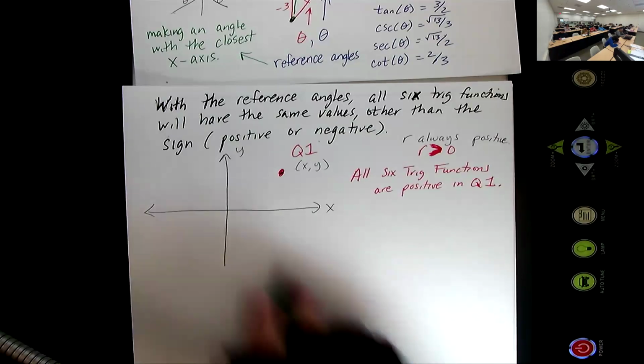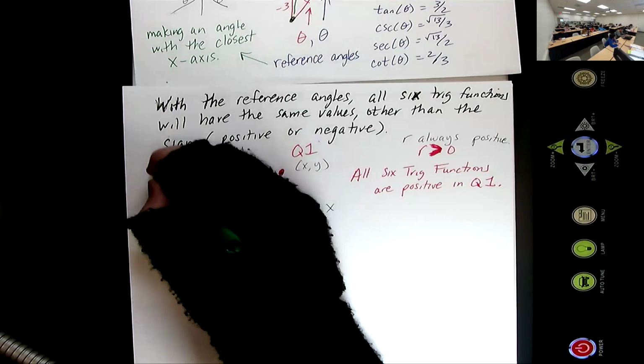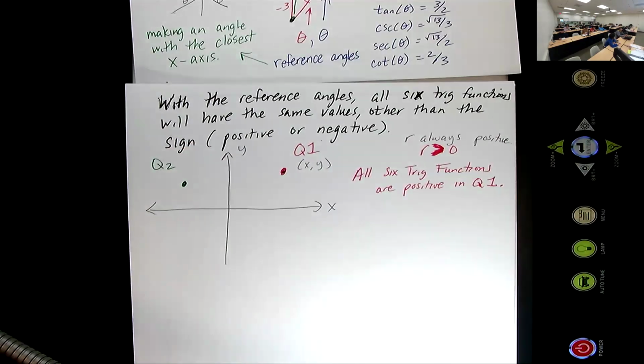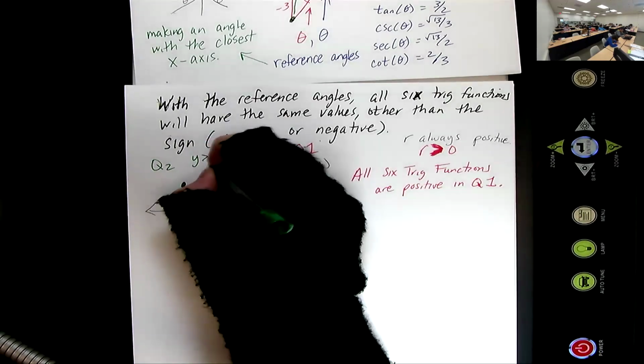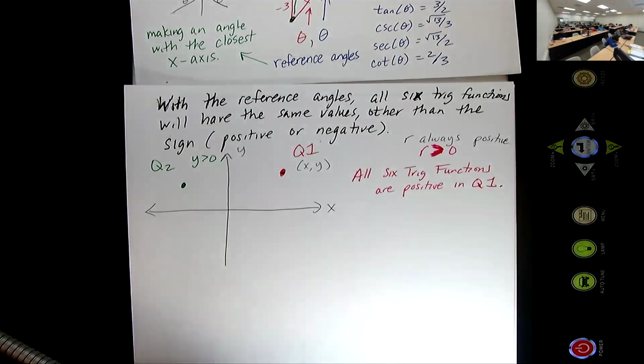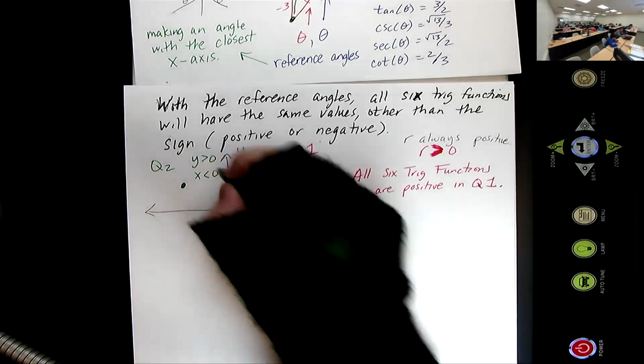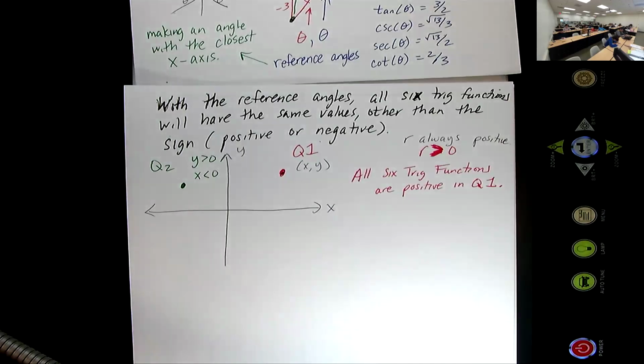From over here in Q2, my Y is still positive, my Y is greater than 0, it's above the x-axis. But X is actually negative. So that means the ones with X in it are gonna have negative values, right?